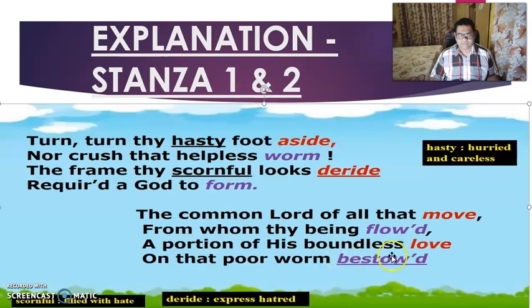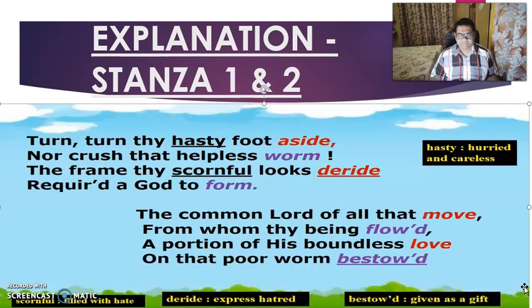So here, bestowed means given as a gift. So remember, it is the blessings of God. Boundless means a love which does not have any limit. So the way God has created you, the way God is loving you, God has created this creature, worms and every living thing, their life is also a gift from God.